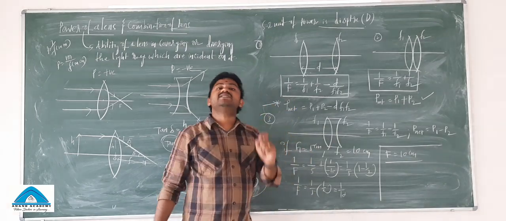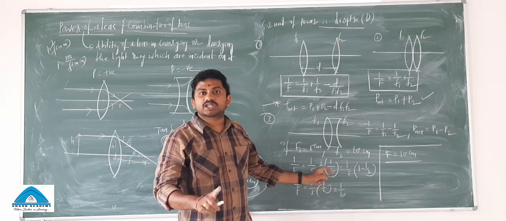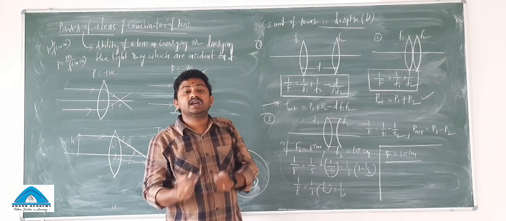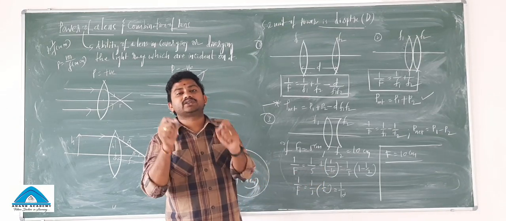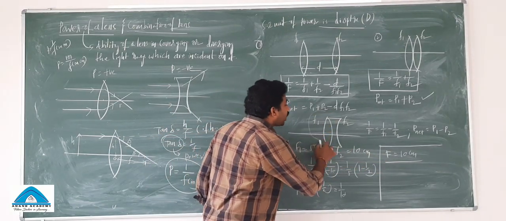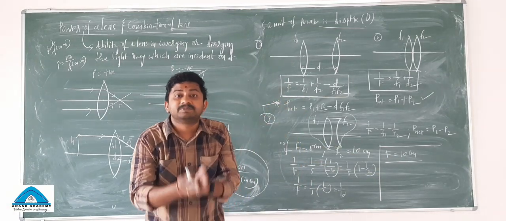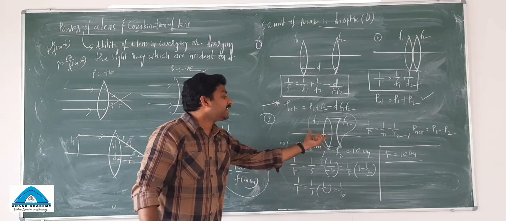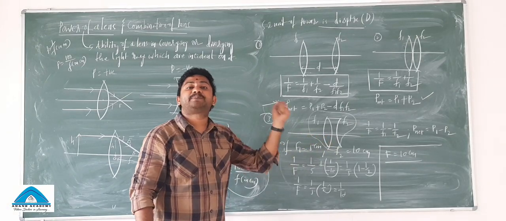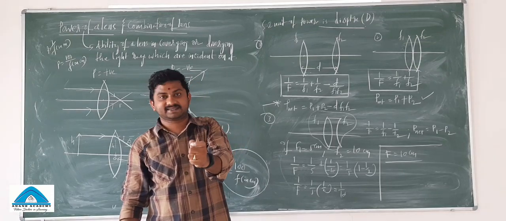So we had considered the second focal length as a negative sign. That means we have applied the sign convention. Our answer also will be according to the sign convention. So the net combination focal length we have got is positive. That means the complete system is behaving as a positive focal length, nothing but a convex lens.